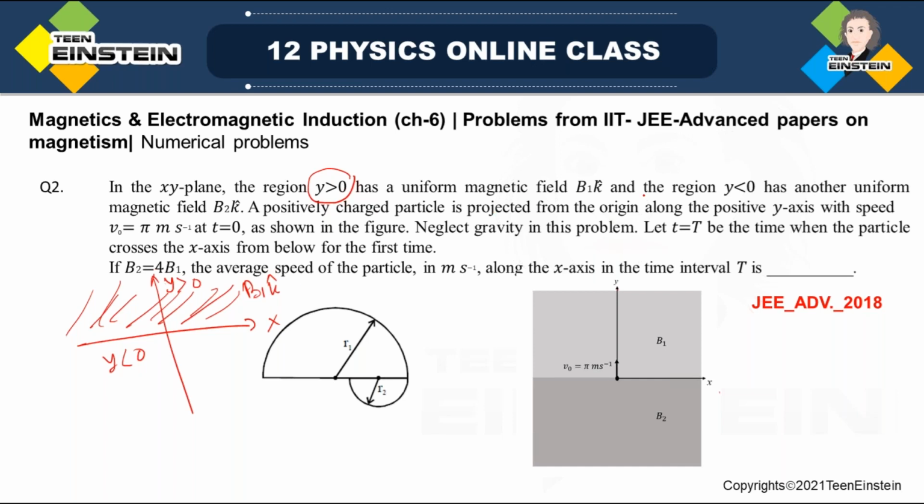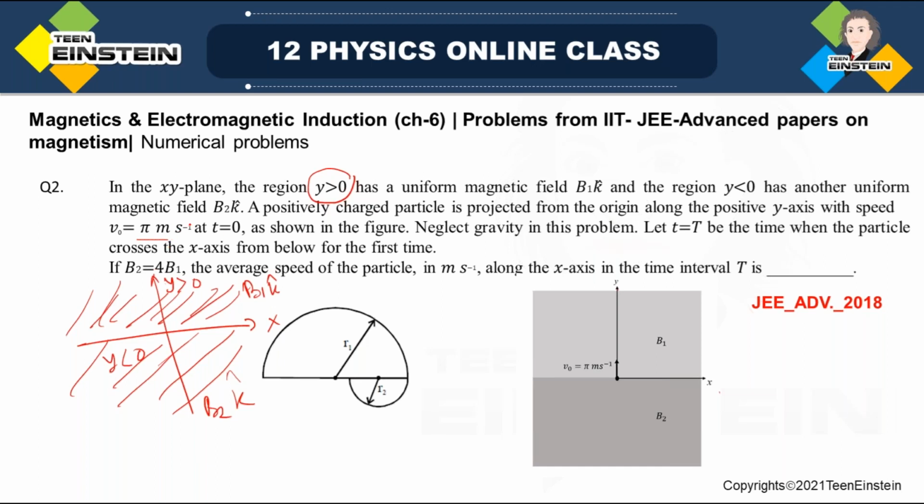Okay, and the region y less than 0, that means this region, the negative Y axis, has another uniform magnetic field B2 k. A positively charged particle is projected from the origin along the positive y-axis with speed v equal to pi meter per second.